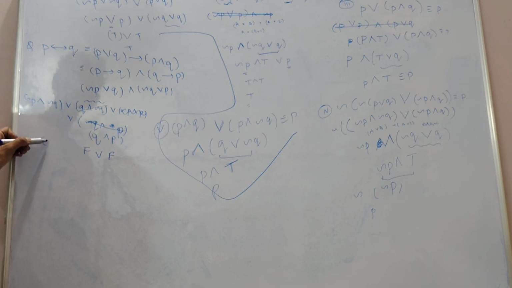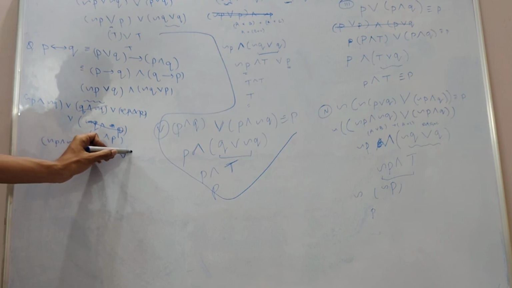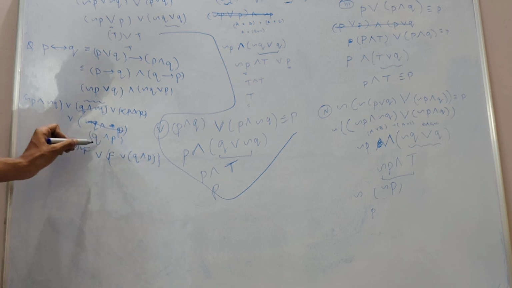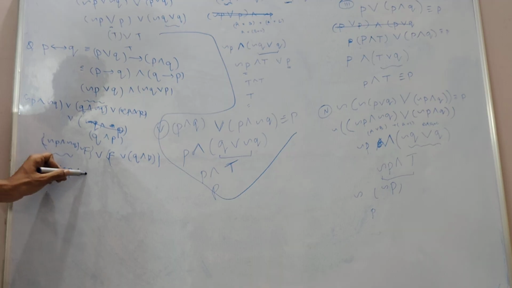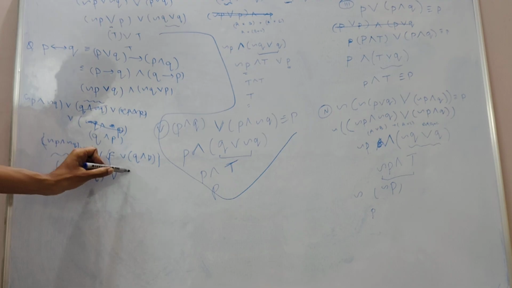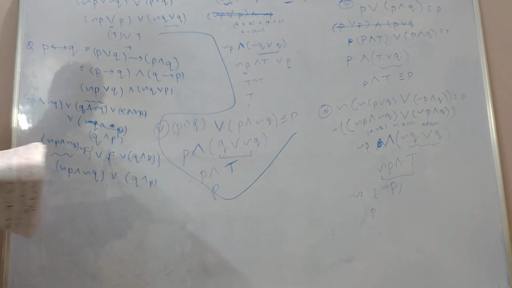And negation of P and negation of Q, or Q and P, this complete and this complete will give me the same thing, negation of P and negation of Q, or Q and P, right?